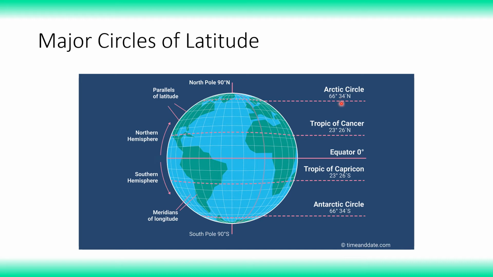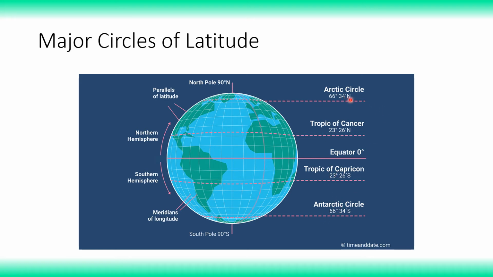If you think in terms of time with minutes and hours, 34 minutes is about half an hour. So 34 minutes here is about half a degree. And same thing with the 26. If you think on a clock, 26 minutes is about half an hour. So 26 arc minutes is about half a degree. So we could say that this is 66.5 degrees, 23.5 degrees, 23.5 degrees, and 66.5 degrees.